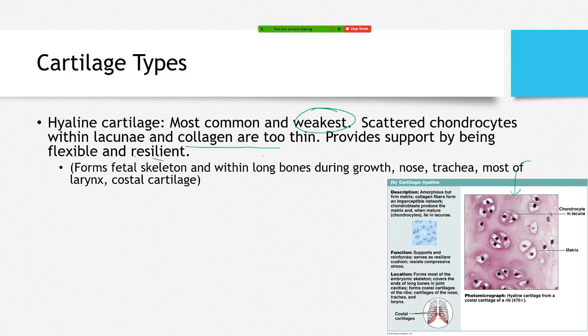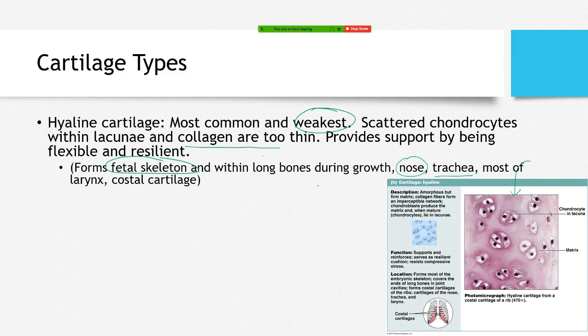So where will we find this? We'll find it in the fetal skeleton. So when we're developing, we're going to be made up of a lot of it. As we're growing and we're growing taller, the long bones will have this hyaline cartilage as well. We find this in our nose and also around the trachea to keep the airway open at all times.